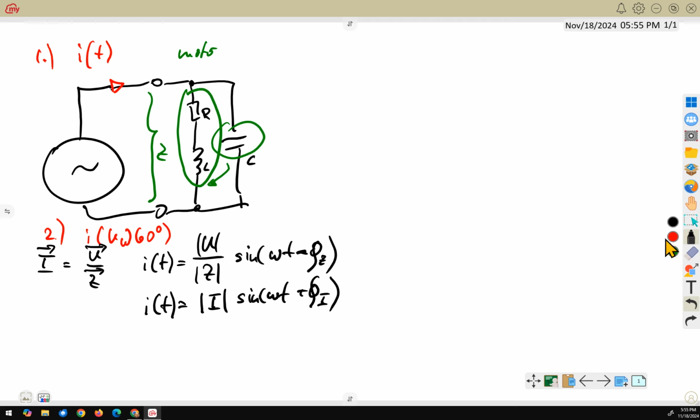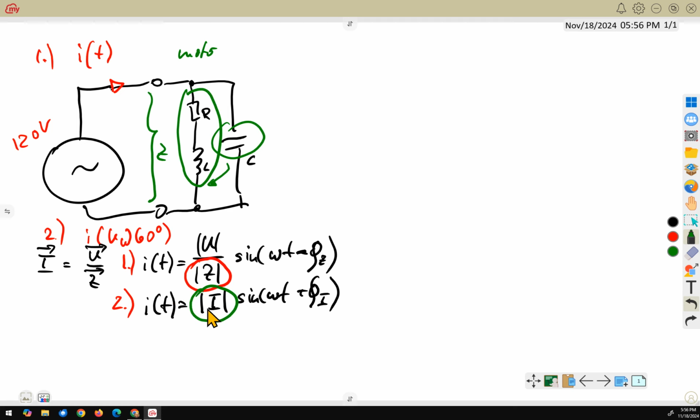This tells us we already have two different options. This is option number one to calculate, option number two to calculate. The voltage we know, it's 120 volts. We have to calculate the impedance, or the other option is to calculate the sum of all the currents in the circuit. To be honest, option number two is a little bit easier.